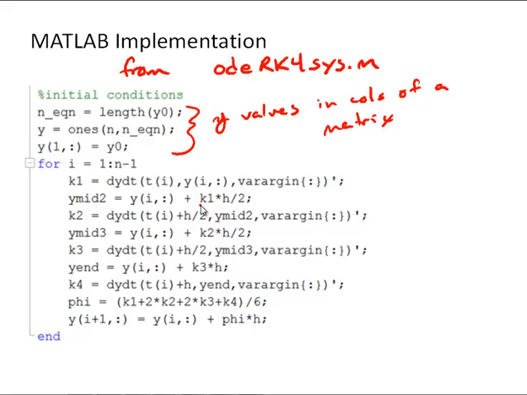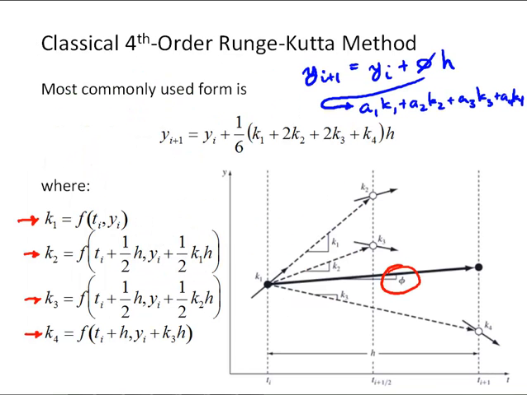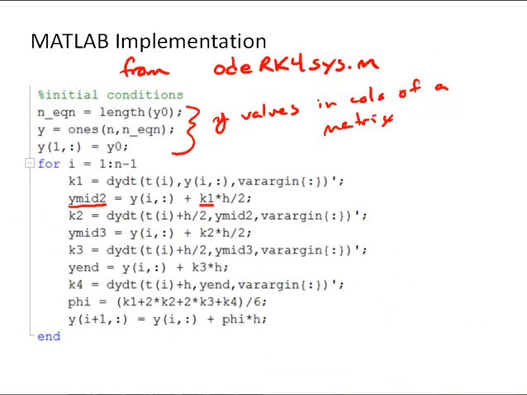And then we'll use k1 to calculate y mid 2, which, going back to the previous slide, would be that term. And then we'll use that y mid 2 to calculate k2.